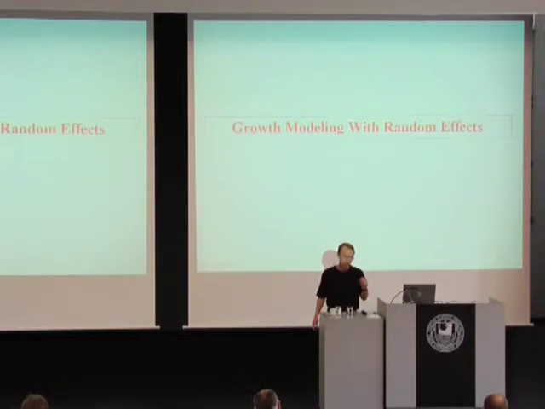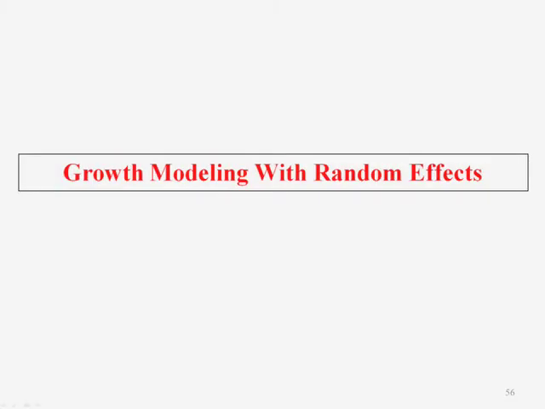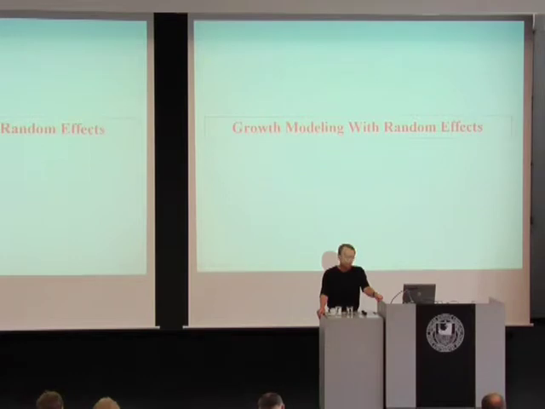And one form of continuous latent variable is random effects. Statisticians talk a lot about random effects, and we would just call them continuous growth factors. So we thought that it could be useful to do a short recap of standard conventional random effects growth modeling.